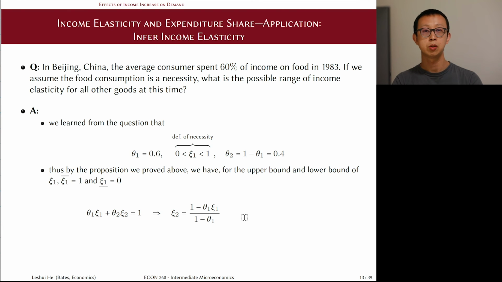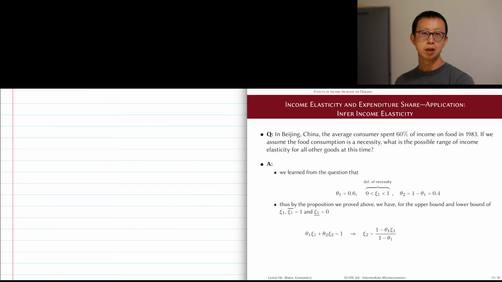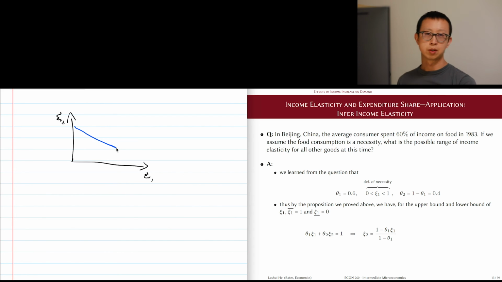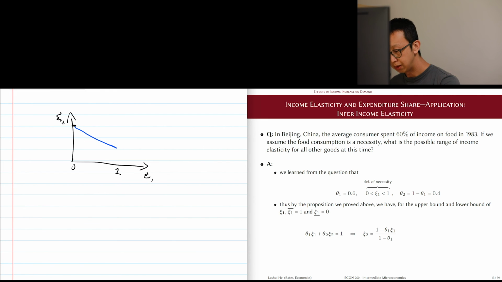In other words, Xi2 is decreasing in Xi1, and therefore, if we plot Xi2 as a function of Xi1, it's going to be a downward sloping curve, where as Xi1 takes a value of 0, Xi2 will reach its highest point, whereas as Xi1 increases, we're subtracting a bigger and bigger value from 1, so Xi2 keeps decreasing. And as Xi1 reaches the value of 1, which is our upper bound for Xi1, that will correspond to the lowest possible value for Xi2 within this range.